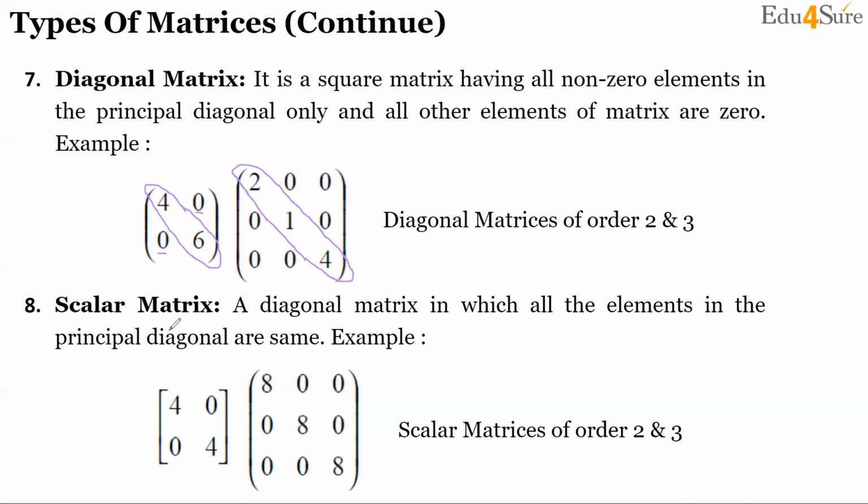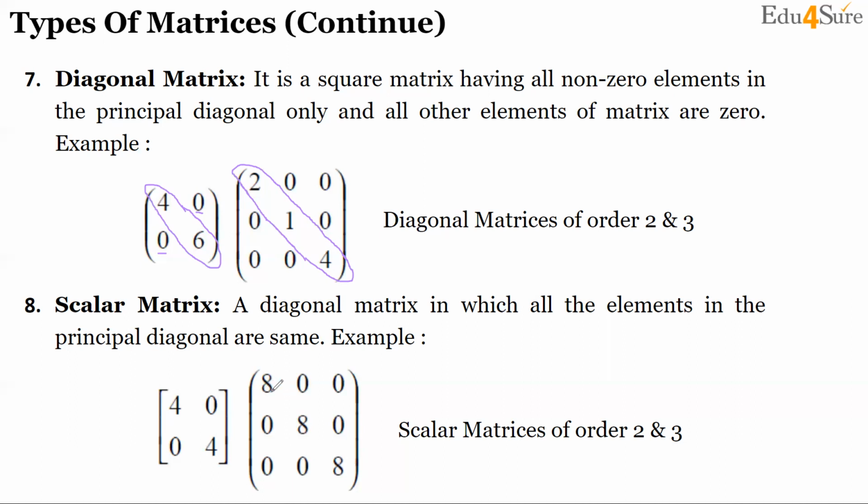A scalar matrix means where all the diagonal elements are the same and non-zero. Here you can see the diagonal elements are the same, 4 and 4, and here also the diagonal elements are all the same.